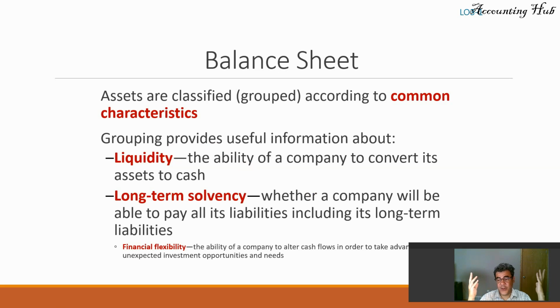So, for instance, the most liquid asset that we have is cash because it's already converted in cash. So it will be the first one in our balance sheet. The last ones, usually, are intangible assets. We will not sell them, or we will sell them after a very long time. So they go to the bottom.